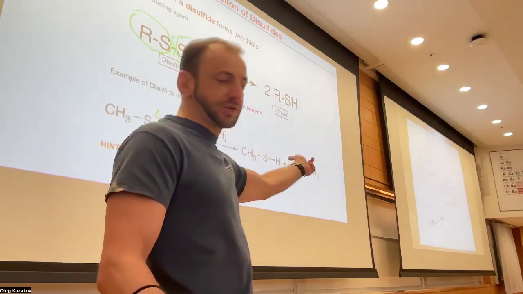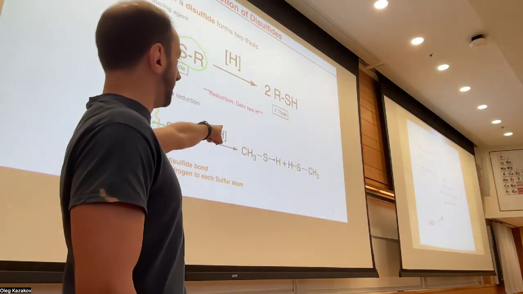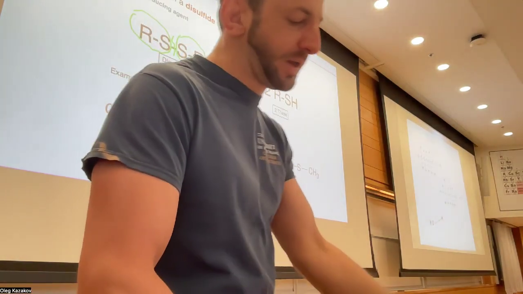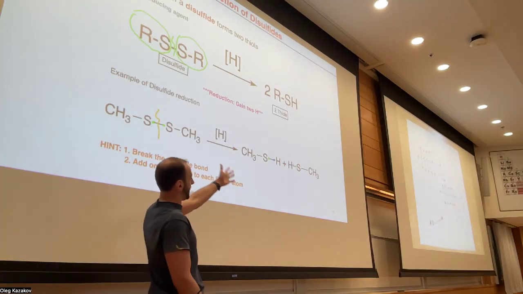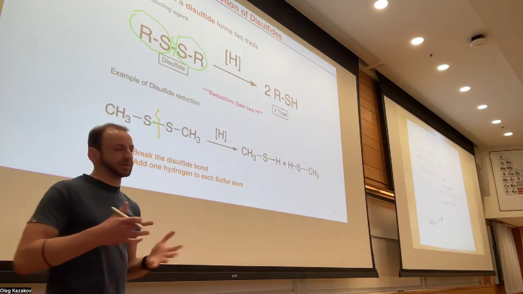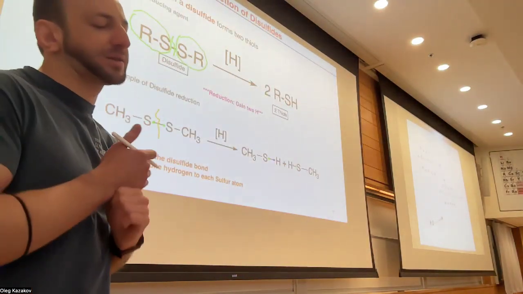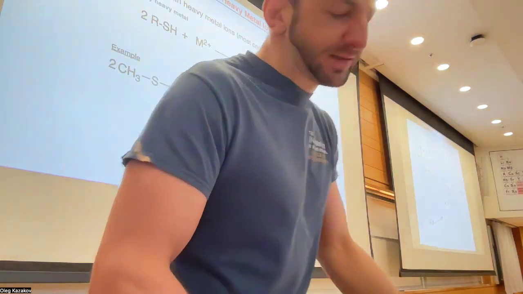So now you have two thiols. The disulfide made two thiol molecules from one. Basically, it used to be maybe 2A, and now you have A and A. That's just how it went, if you think about this from some kind of general perspective. Then the next reaction.